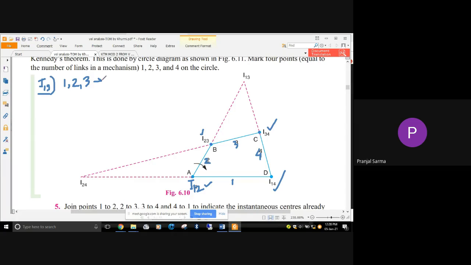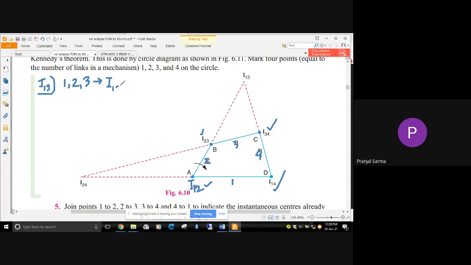So in between these 3, what are the different instantaneous centers? Who can tell me? For these 3 links 1, 2, 3, what are the instantaneous centers? There will be 3 instantaneous centers because n equal to 3, so 3 into 2 divided by 2 equal to 3.